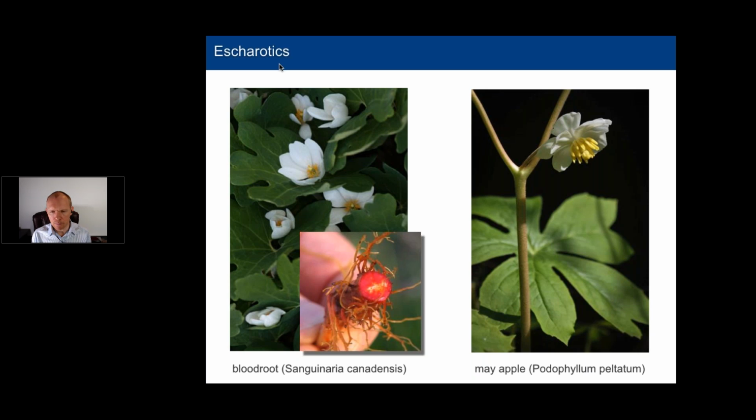I would say that neither bloodroot nor mayapple are generally available in health food stores. I know that some of the herbal manufacturers are no longer selling these, so you might have to do a special order or make it yourself. I make it myself just because I know how to find bloodroot and identify mayapple, and it grows everywhere around here.